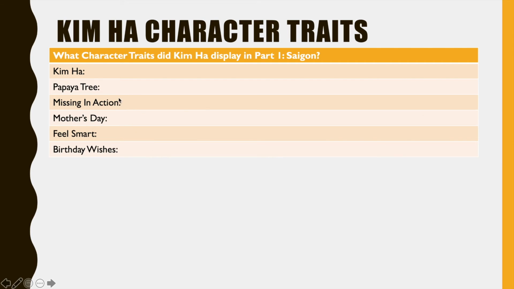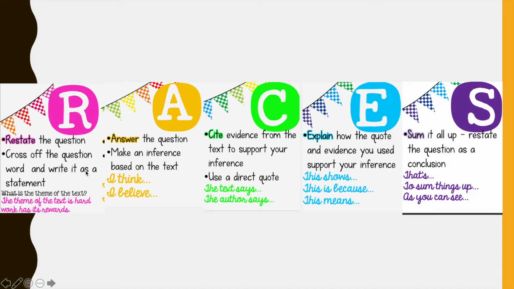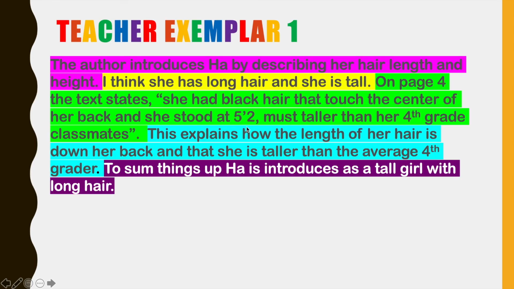Then they were ready to be released onto their own to complete their own writing using the RACES strategy. We use the RACES strategy in our building. It's a norm in our department. So I did a quick review of that, and then we analyzed the teacher exemplar together.